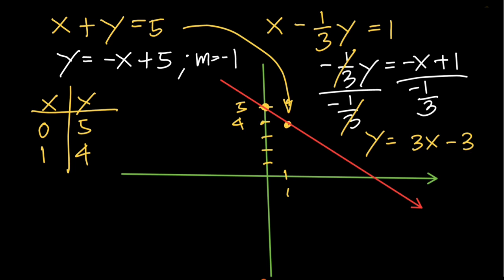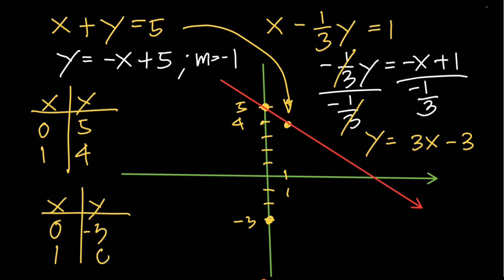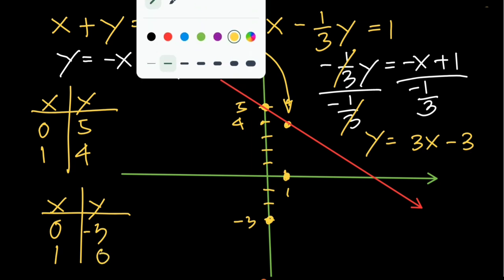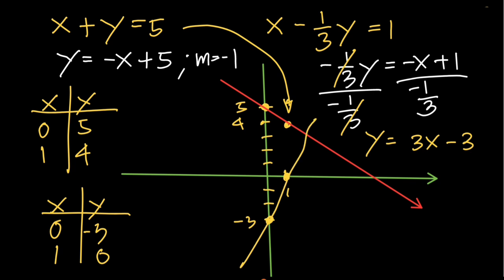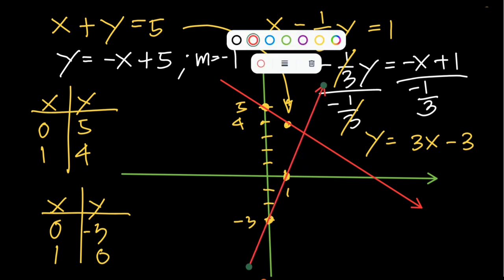So the second one, we assign values for x to solve for y. So when x is 0, y is negative 3. 1, 2, 3. Okay. When x is 1, y is 0. So here. So this is the graph of the second line.